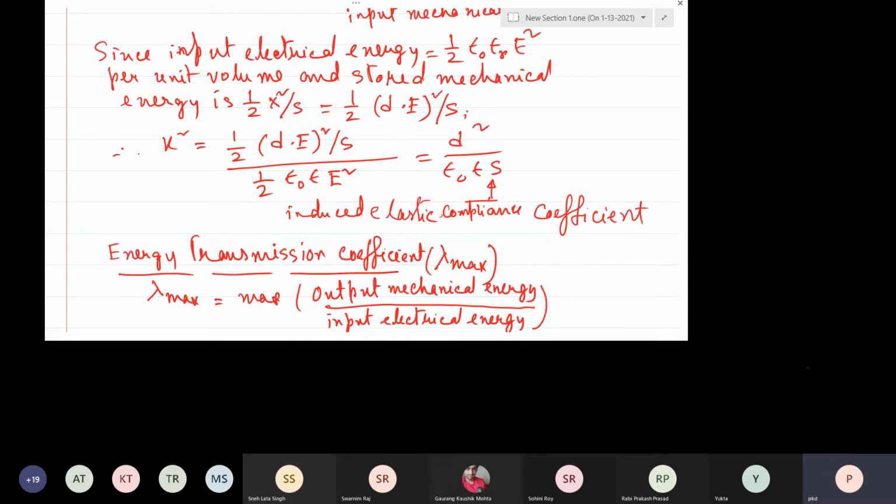It is a matrix, which is why it is known as the elastic compliance coefficient. Young's modulus is stress by strain, and strain by stress is the elastic compliance coefficient.